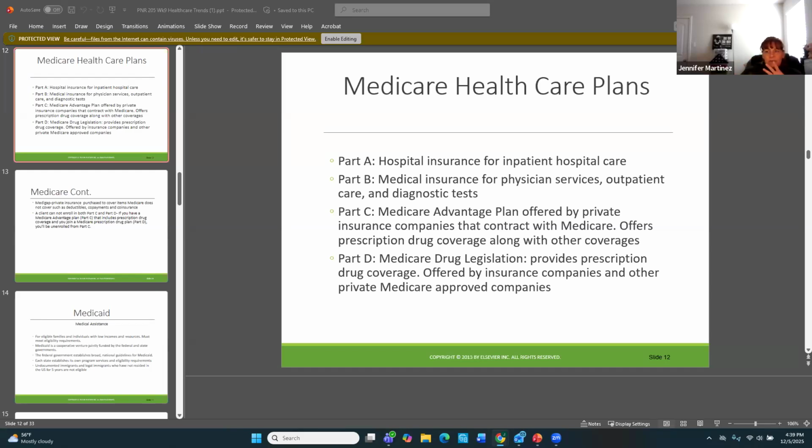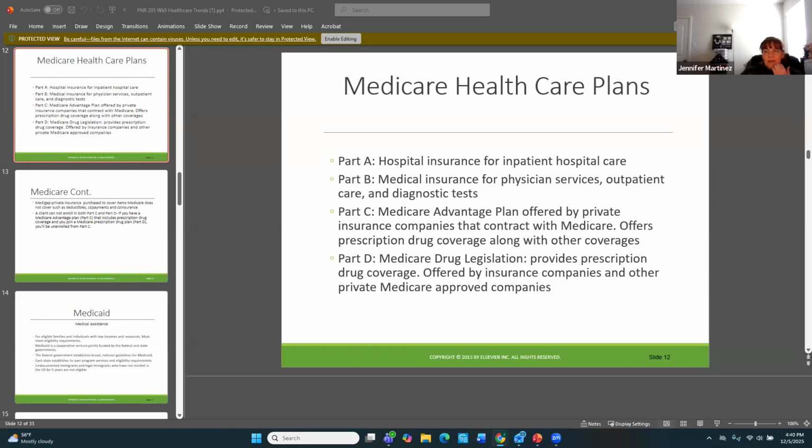Part B is what we would call your medical insurance. So this covers certain healthcare provider services, outpatient care, medical supplies, preventative services.